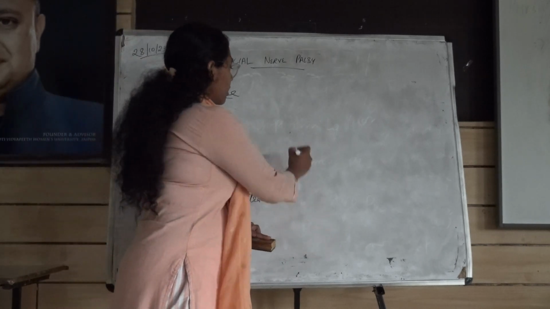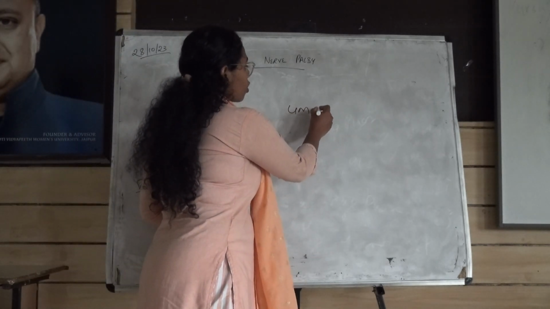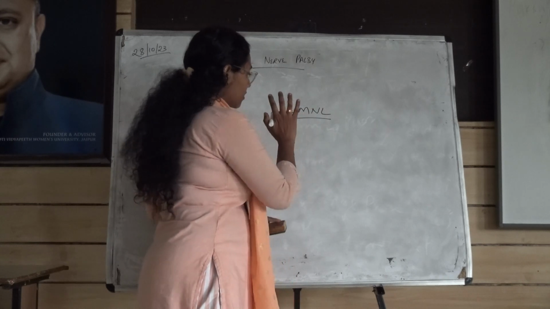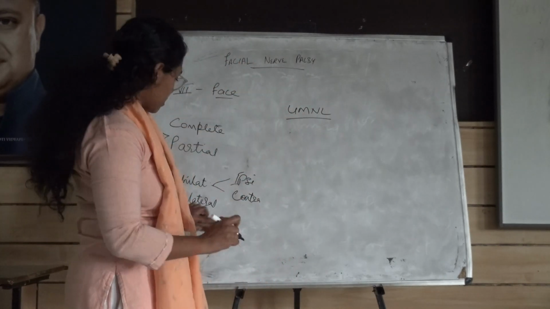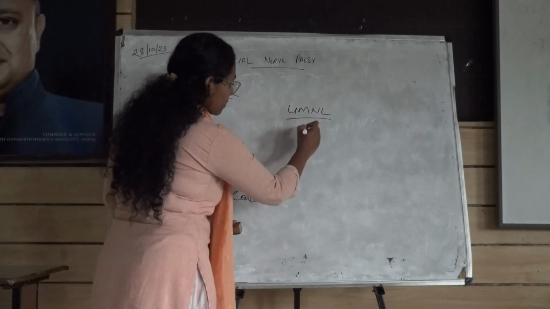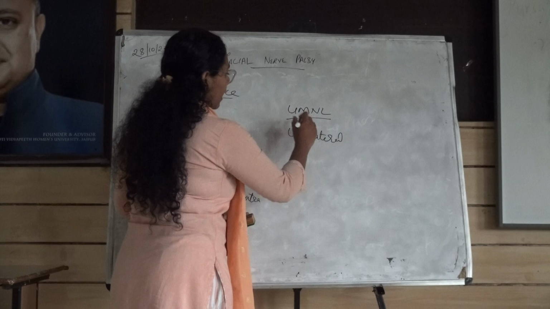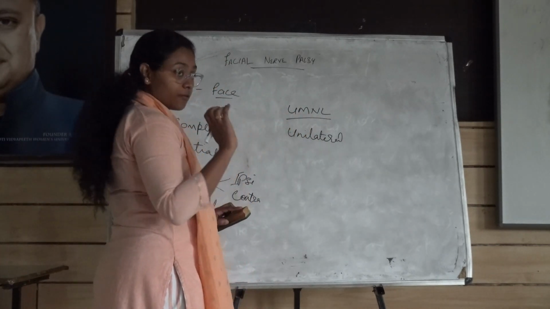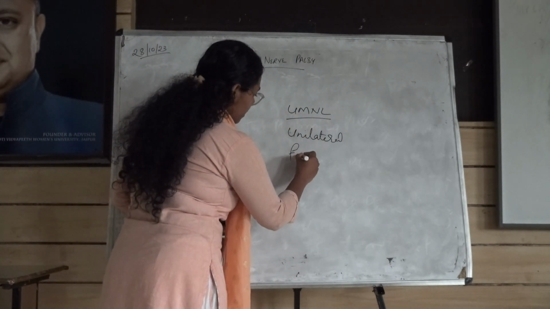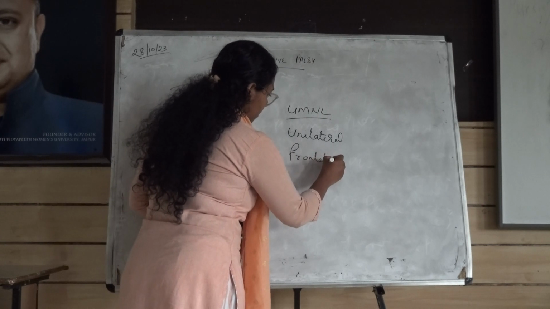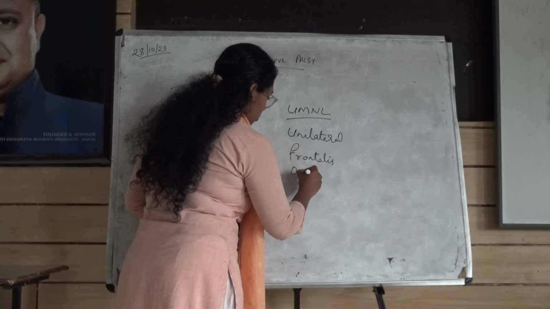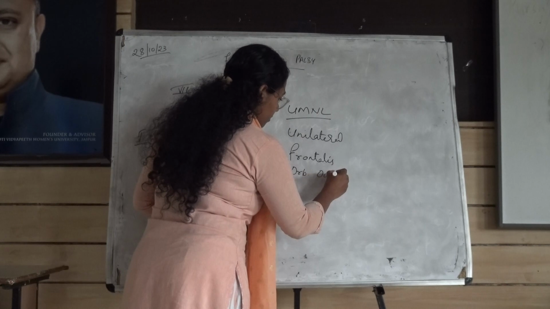Here, if we talk about upper motor neuron lesion, the classification is unilateral. In upper motor neuron lesion, unilateral paralysis takes place, and here we can differentiate from the frontalis and orbicularis oculi muscles.